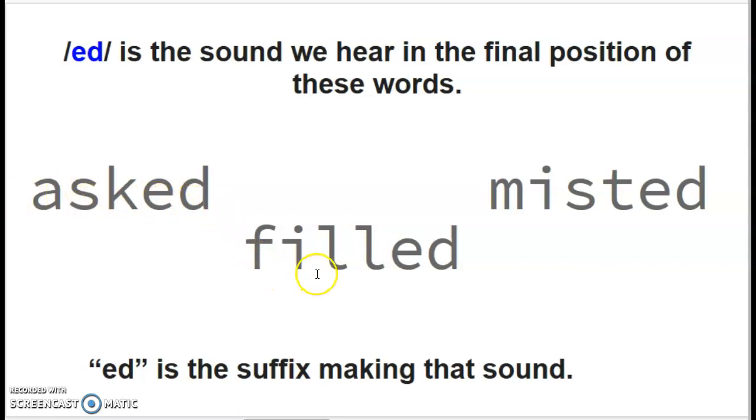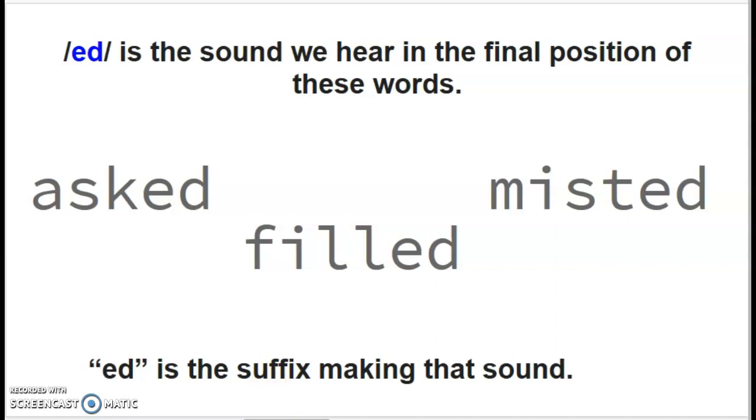Asked, filled, misted. Ed is the suffix making that sound. When we look at our word, we have a root word and a suffix. Remember, a suffix comes at the end of a word.